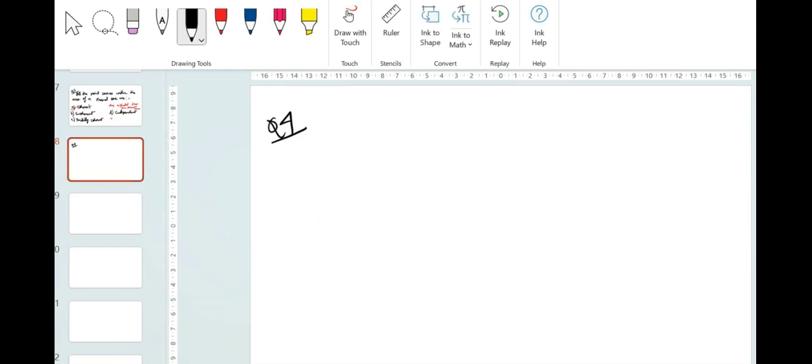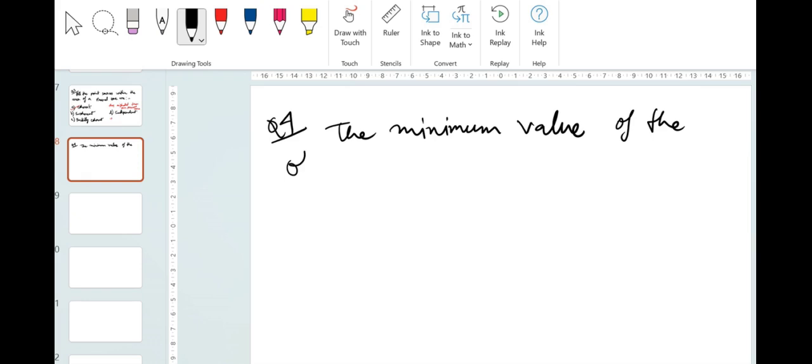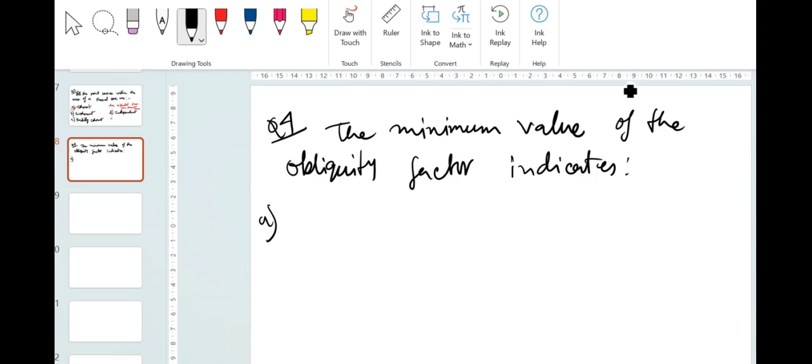Question 4: The minimum value of K indicates what? The minimum value is 0.